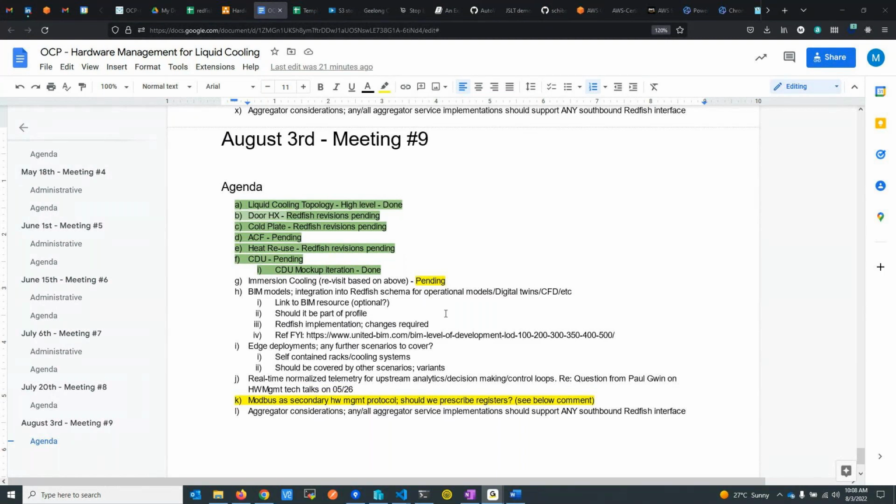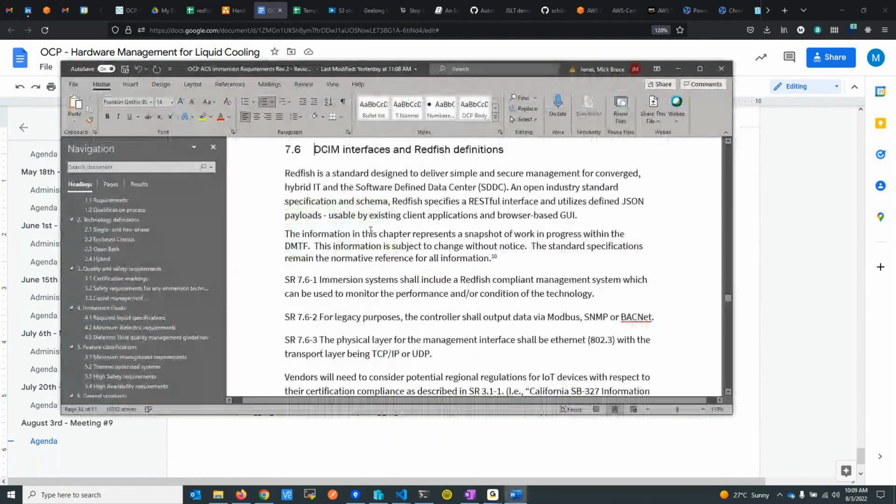Okay, welcome everyone. We're kind of jumping around into what I wanted to cover today. The agenda for today was revisiting the immersion cooling specification that was published in January when the immersion requirements Rev 2 was published.